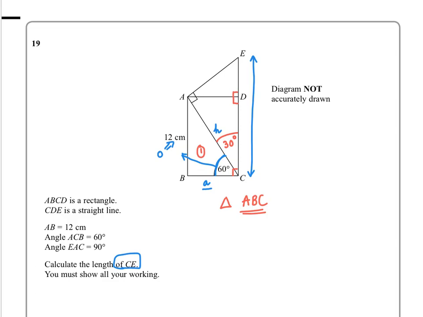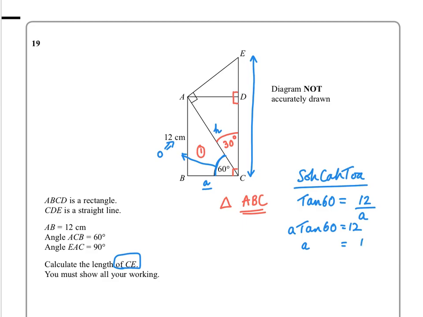So however you do your trigonometry, I've got videos on the unit circle and what I think sine and cosine is all about, but I'm happy to go with SOHCAHTOA for now, which seems to be universally accepted. So if we've got the angle of 60 and we're looking at the opposite and adjacent, then we'll have tan 60 is 12 over A. So if we times both sides by A, that would give A tan 60 equals 12, and then divide both sides by tan 60, so we get 12 over tan 60.